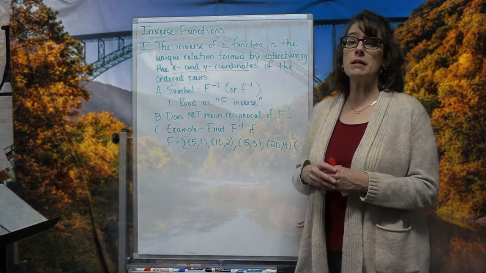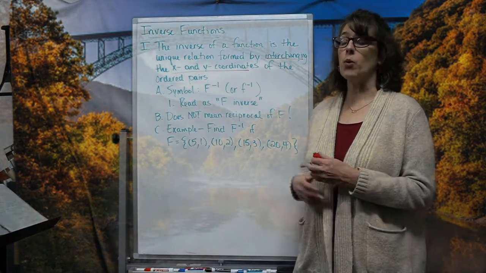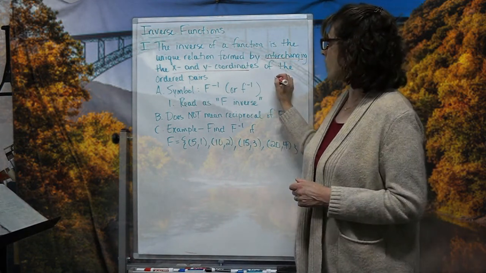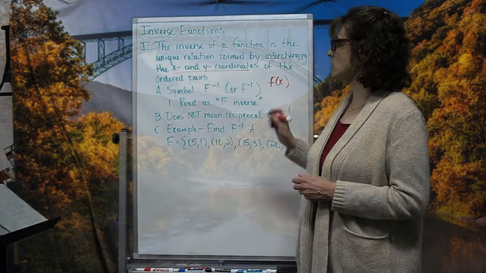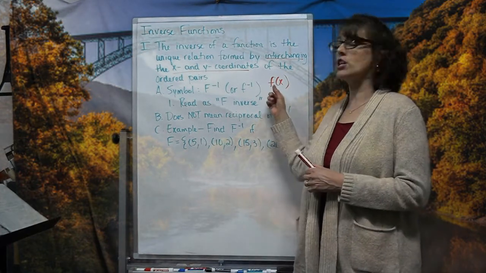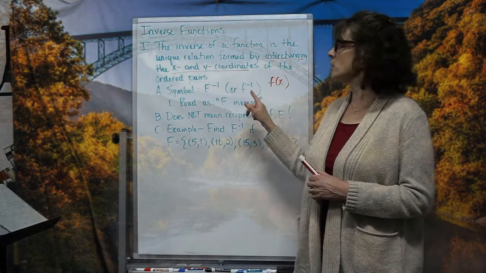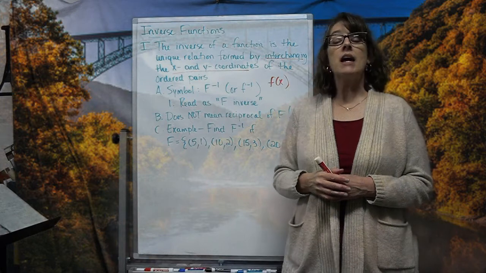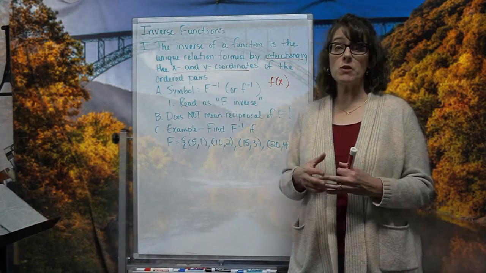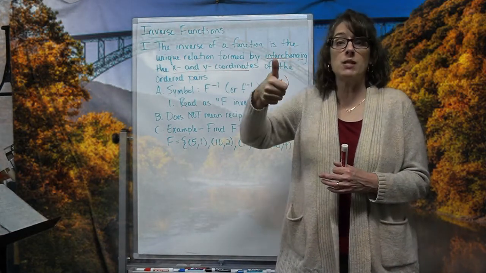Now, once you've determined that, yes, I am going to have an inverse here, then we give it a new symbol. Remember, this is saying the inverse of a function. So I'm starting off with a function that has this notation right here. To denote that this function has an inverse, I'm going to put a -1 up there. Now that -1 is not an exponent. The laws of exponents said that a -1 in the exponent would mean take the reciprocal.